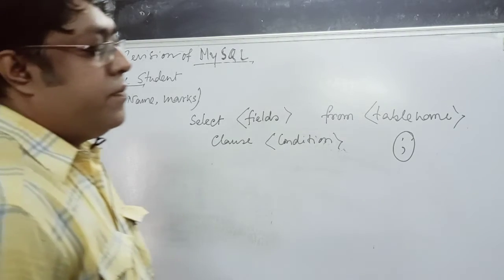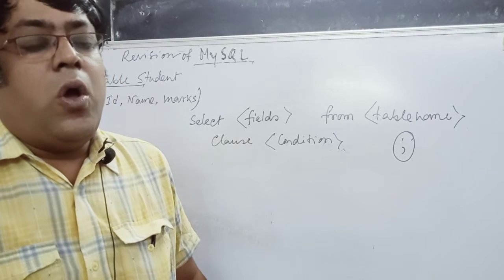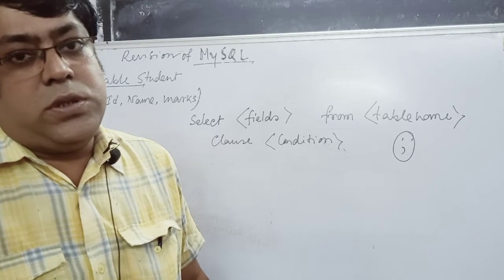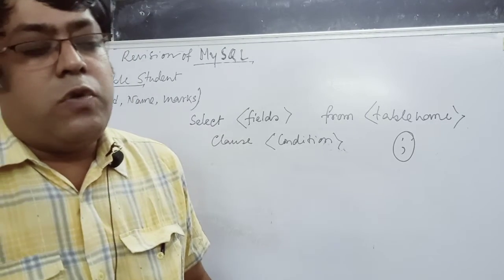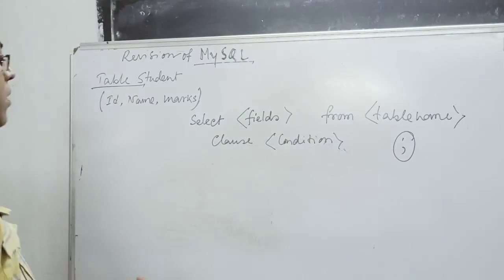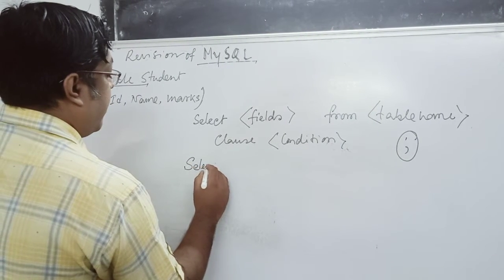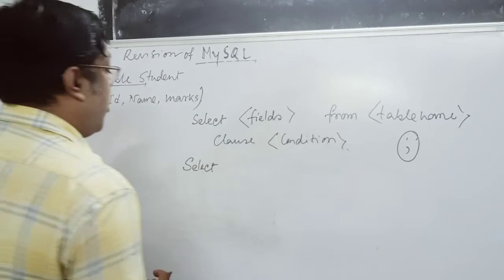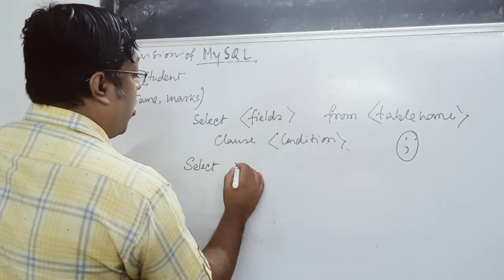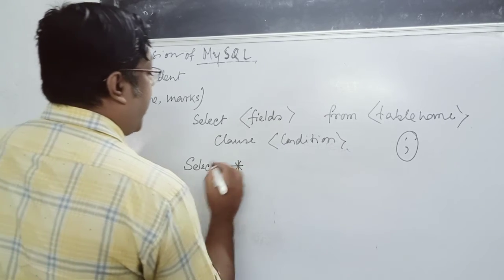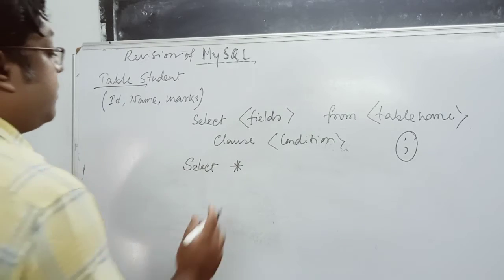Suppose we want to find all the records of students from the student table. What will our query be? At first we write SELECT, as per the formula. For all records, we write the asterisk symbol, which denotes select all.